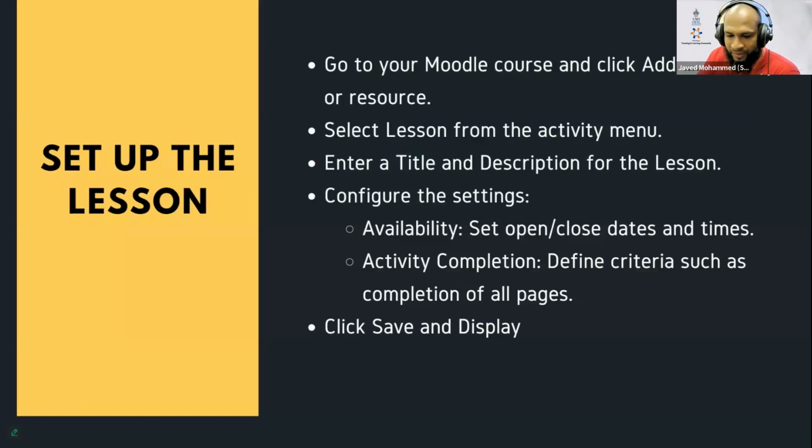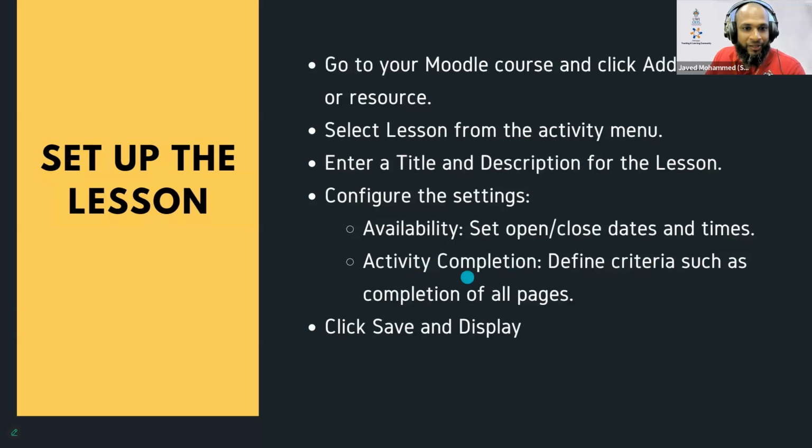Once you select lesson, you'll be taken to the settings page, where you must configure the lesson. In doing that, you want to give a title and a description for the lesson, and then you have the regular settings that you should be familiar with, availability, and I stuck activity completion here because I think it's very important when you're tracking the activity completion status for the entire class.